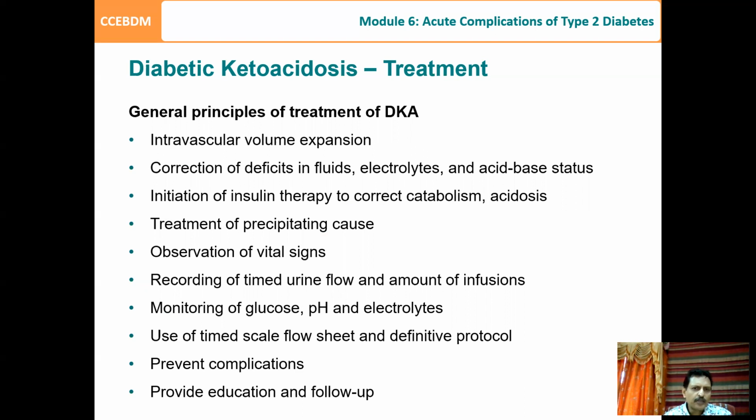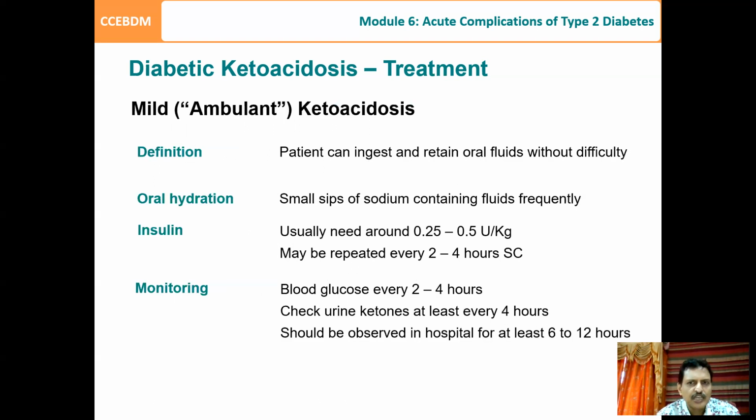We have to prevent the complications, and very importantly, before we discharge the patient from the hospital, we have to educate the patient, especially if the patient has omitted the insulin for which he developed the diabetic ketoacidosis. It requires repeated counseling to the patient and their parents that they are not supposed to stop the insulin injection, because if they stop the insulin injection, the patient will land up with the same situation again in the near future.